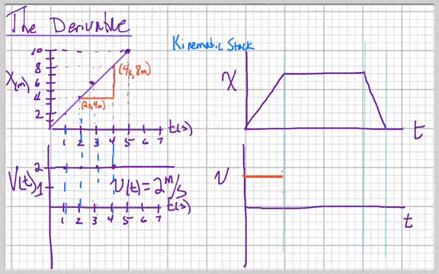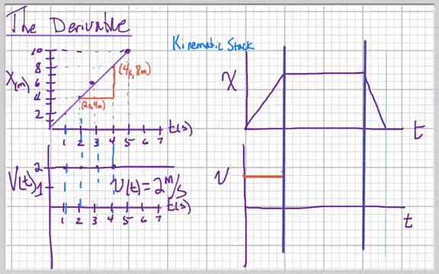I'll draw them again. We've got one here. These are key points along our position time graph. It's when our position changes or when our state of motion changes.